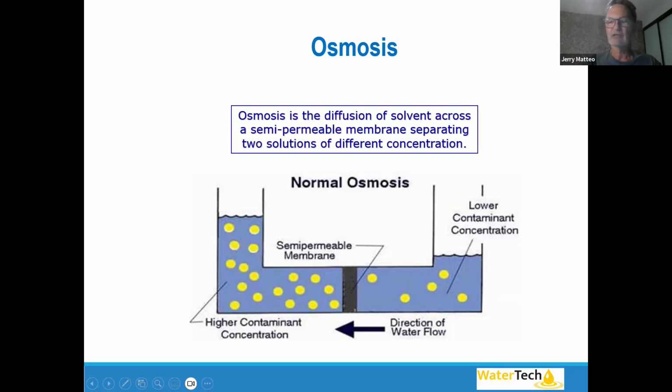I was thinking of some examples. Fish use osmosis. A seawater fish's skin is a membrane, and remember, water moves from lower concentration to higher concentration. They live in the ocean, and the ocean has a high concentration of dissolved solids.